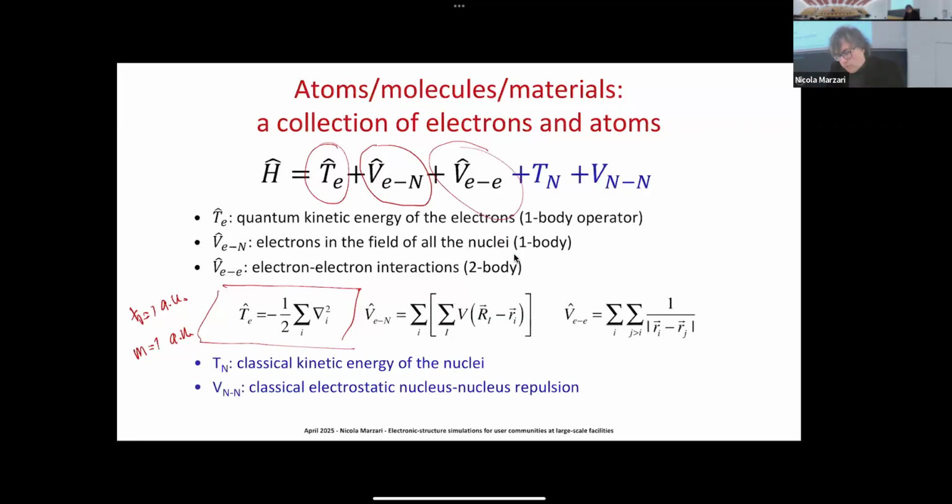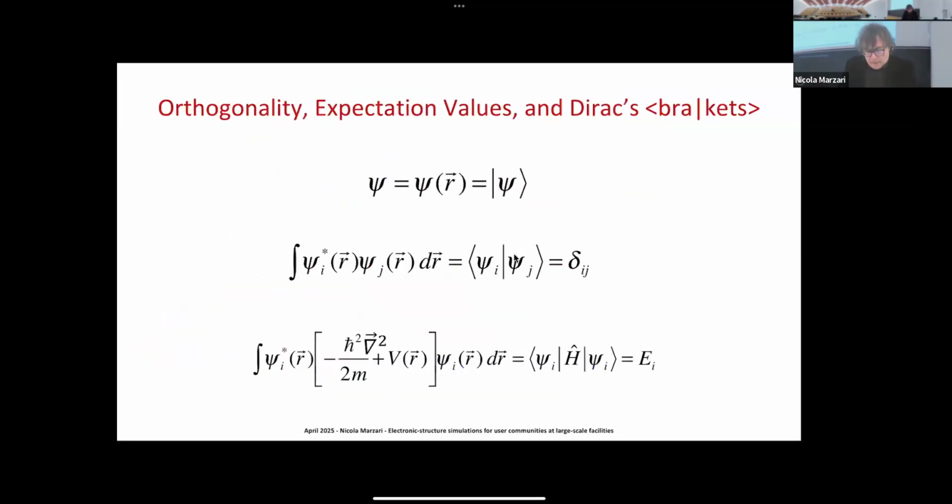And then, if for a moment we keep all the nuclei as classical, if the nuclei are moving, they have a kinetic energy, p square over 2m, or if you are at equilibrium, this term is 0, and then the nuclei hate each other, okay? So it's a delicate balance. It's like living in a condominium. There are people that you like, people that you hate, and you all try to find an equilibrium. But this is what we have to solve, this quantum mechanical operator, for a realistic system. And the question is, how are we going to do that?